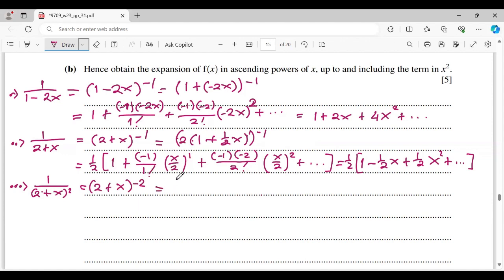Or I will change it, it becomes like this: 2 times 1 plus half x, power minus 2.